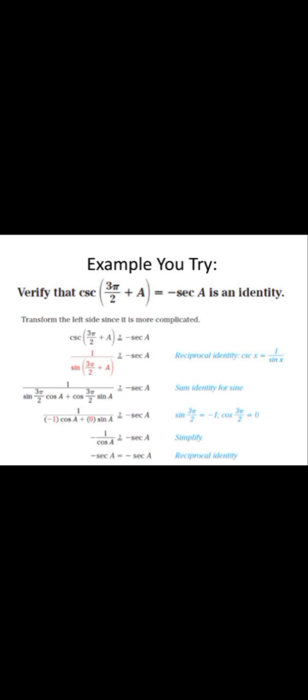That's why we have the 0 here. So 1 over negative 1 cos A is equal to negative secant A. Using the reciprocal identity, we come up with negative secant A is equal to negative secant A.